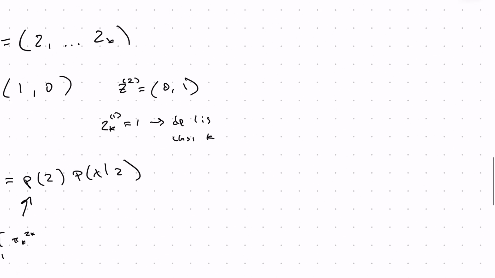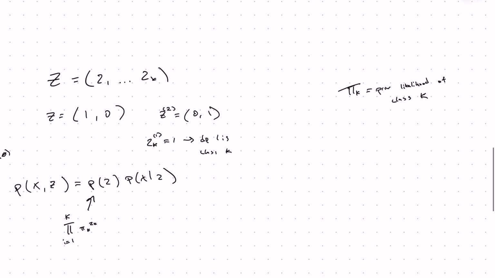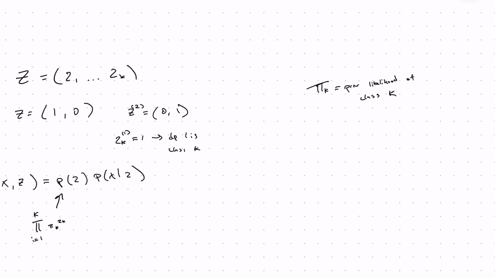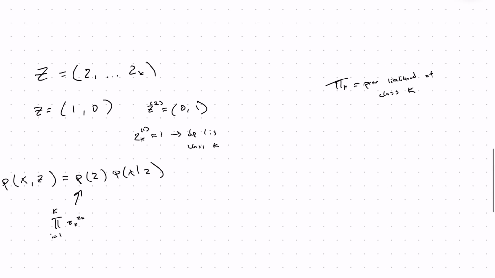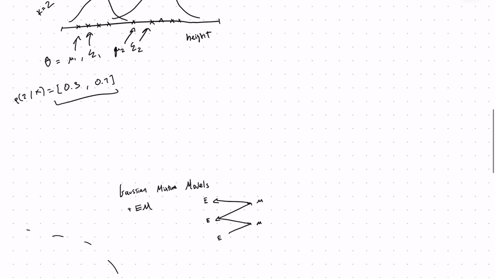Okay. So pi of k is the prior likelihood of class k. And to start off, maybe it's just uniform, but we're going to make it better over time. Basically it's just saying we have 2 classes.